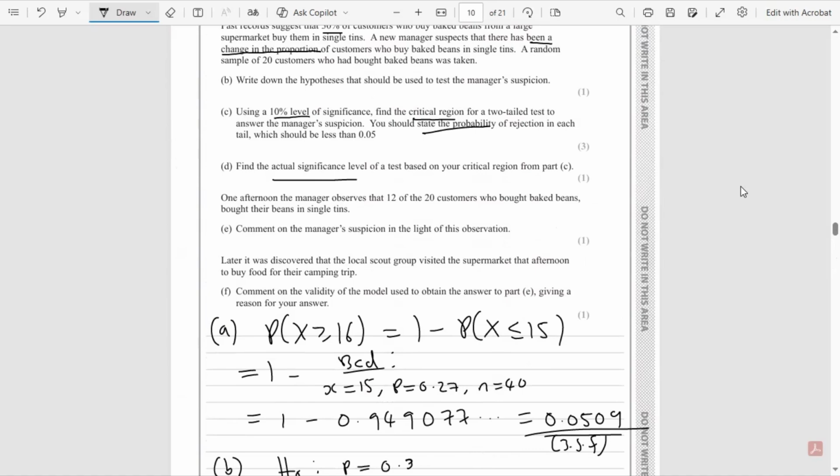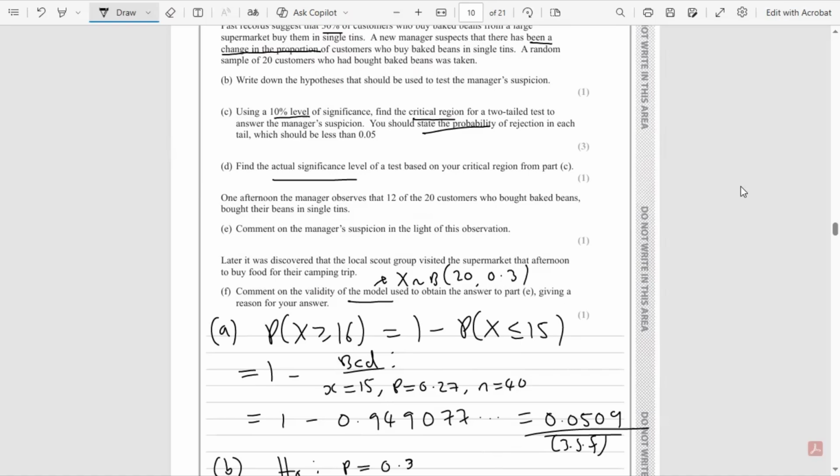Comment on the validity of the model used to obtain the answer to part E, giving a reason for your answer. So we need to comment on the validity of the model. What was the model? The model was binomial, where X is a binomial distribution, 20 trials, and a 0.3 success rate.